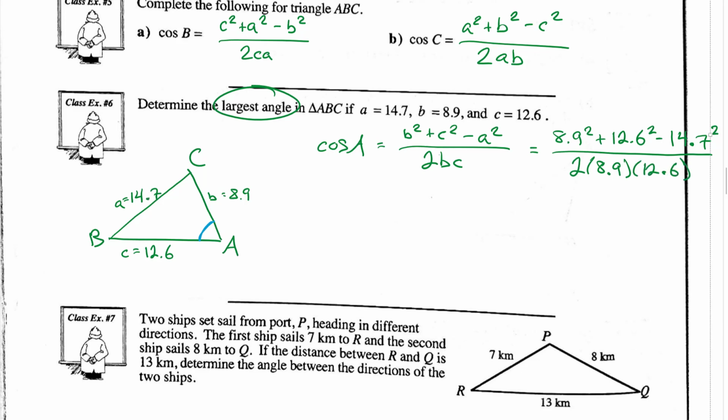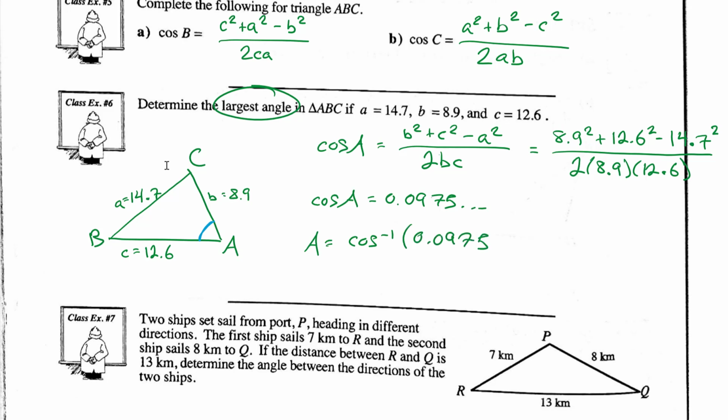So it's a bit of calculation to do, but you should get cosine of A equal to 0.0975. So that means that A is going to be the inverse cosine of this ratio, 0.0975, and you're going to get 84 degrees. And there you have it.